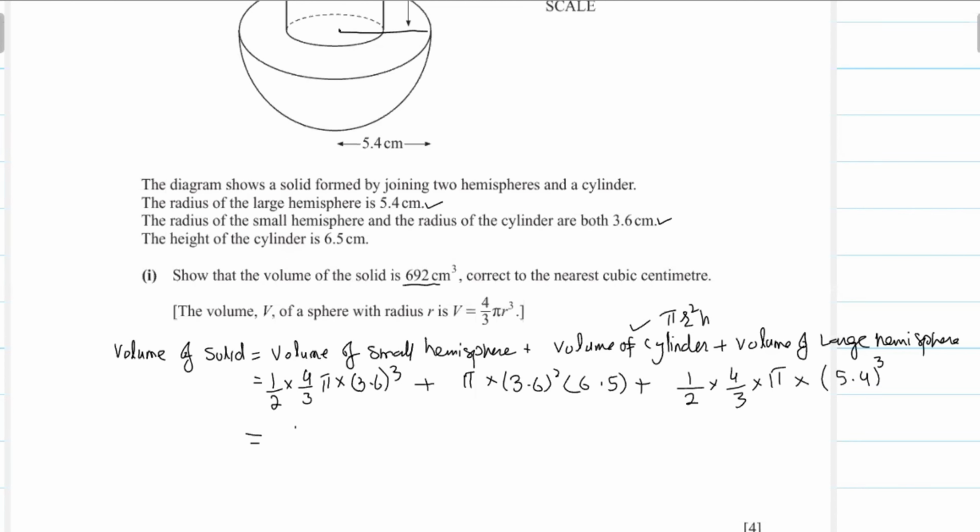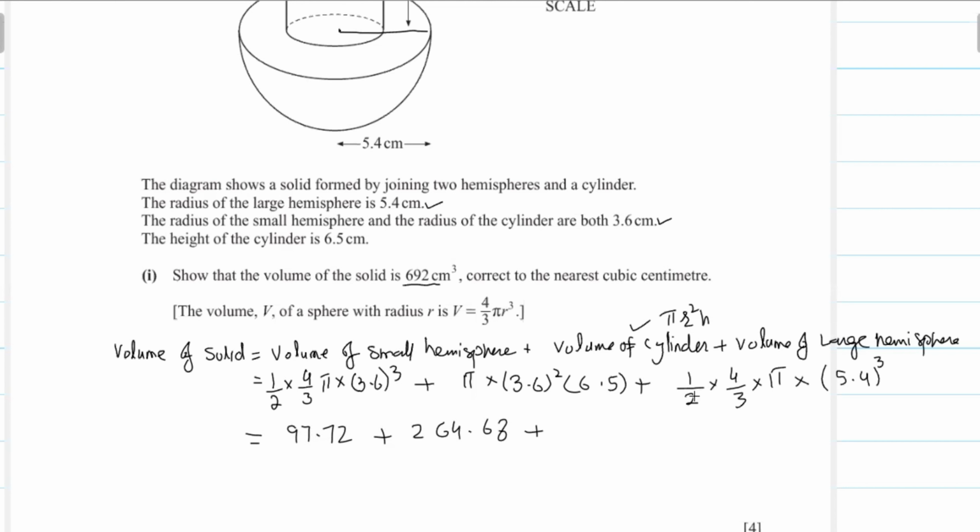Now we calculate it. This value is equal to 97.72, and when we multiply pi into 3.6 square into 6.5, this will be equal to 264.68.